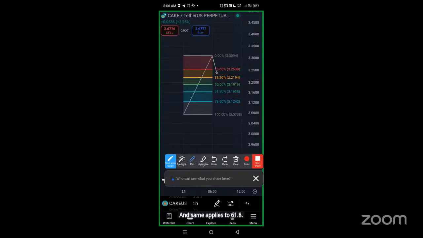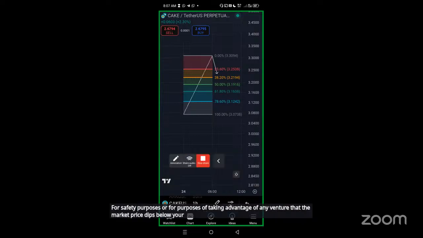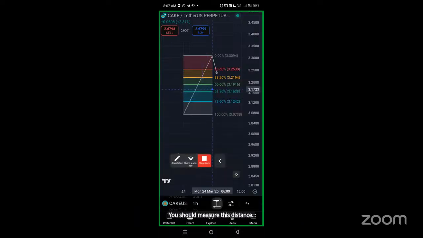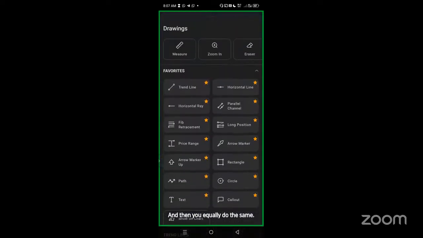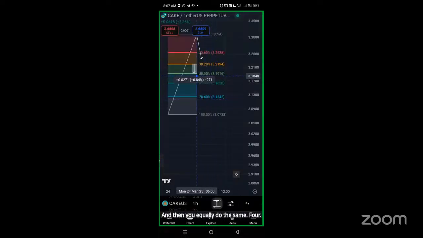Now, if you set your preset at 38.2% fib level, for safety purposes, or for purposes of taking advantage of any eventuality that the market price dips below your entry point, you should measure this distance from 38 to 50% fib level and set it as your margin call drop for the first call. And then you equally do the same from 50 to 61.8%.